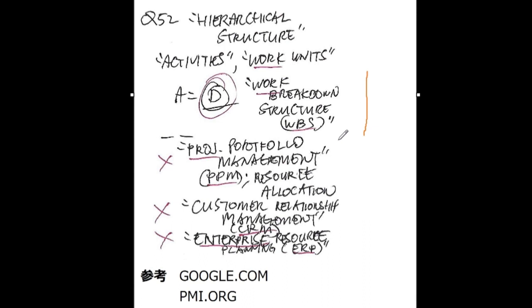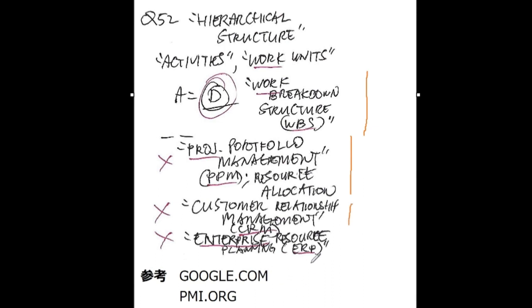The other acronyms, project portfolio management, PPM. So it does have project, and it's about managing a portfolio, and it's also about resource allocation. Customer relationship management, the one I was saying a while ago, working with the customer and finding out what their needs are, and improving their product based on feedback.